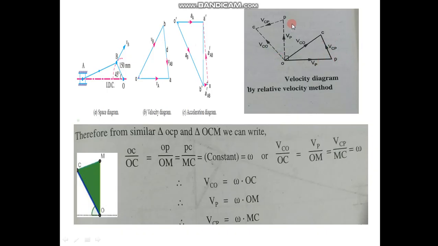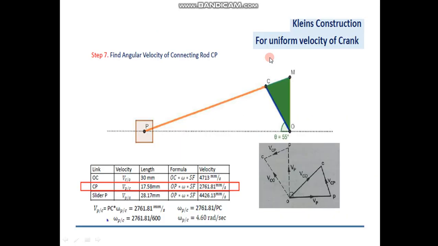Remember, this is by the relative velocity method. Now compare the velocity polygon by Klein construction with the one by the relative velocity method. The Klein polygon is obtained if you rotate the polygon obtained by the velocity method through 90 degrees. Now check what this polygon represents.